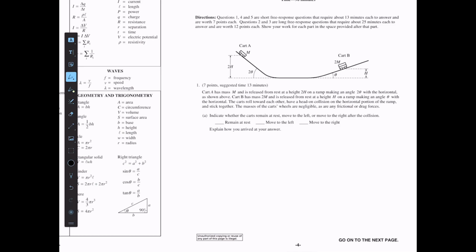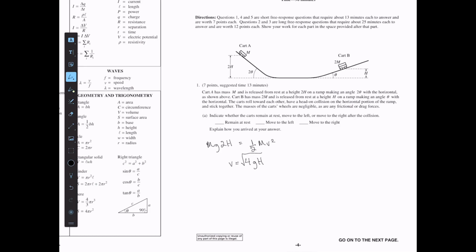So let's apply conservation of energy in order to solve for the velocities when they collide. For cart A, it's mg(2h) equals 1/2 mv squared. So v is equal to the square root of 4gh.